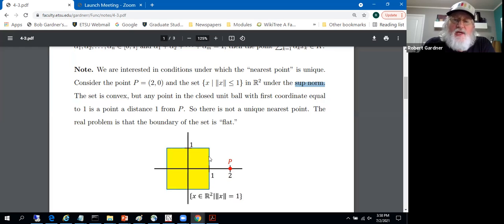So there's not a unique point in set K that's closest to point P. Well, the problem is the boundary of this set is, quote unquote, flat. I'm taking my lead from Prolsky's terminology here. It's in some sense the idea that this is a set with a flat edge. The flatness combined with a sup norm is what allows us to have multiple points that are the same distance from this point P.